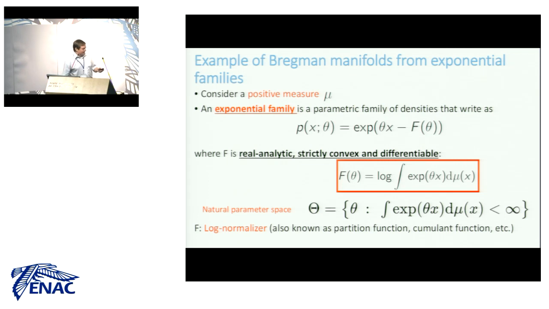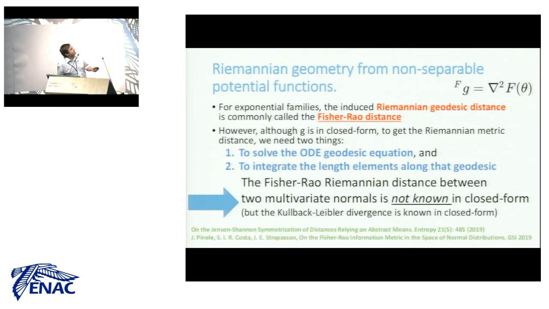If you have a Bregman divergence, I can build a statistical manifold, a dually flat structure, and I have dual Riemannian metrics, but I can also consider the Riemannian geodesic distance induced by this convex potential function.